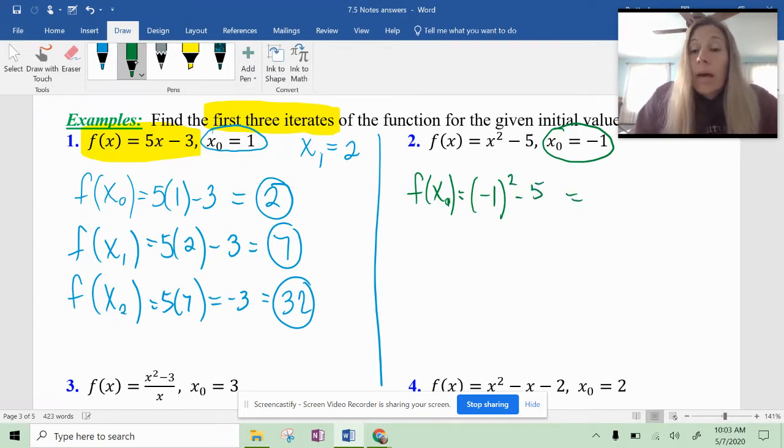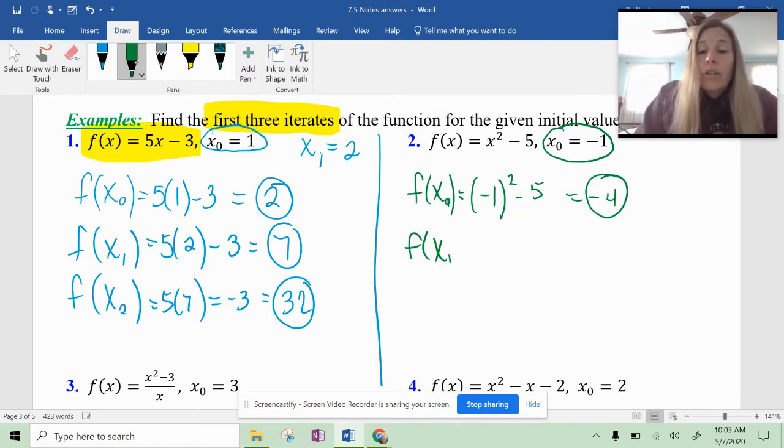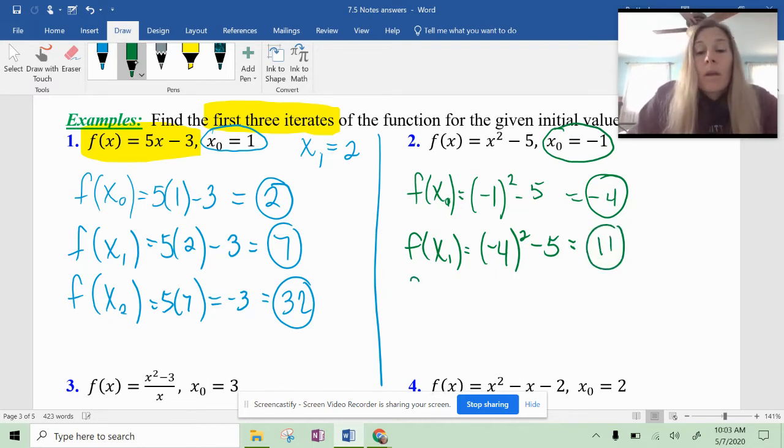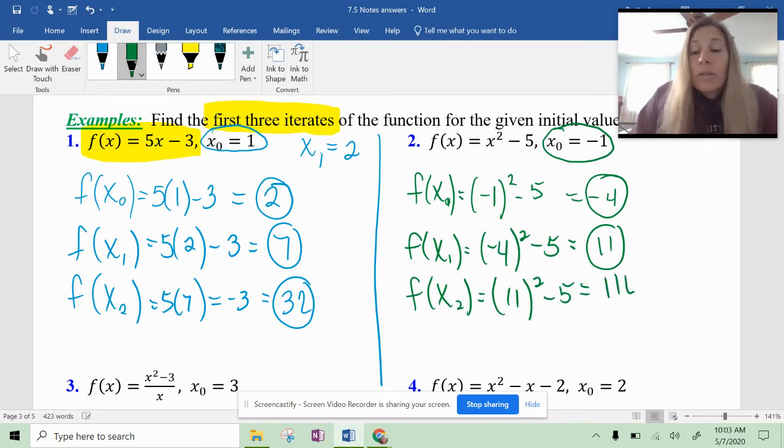That's going to give us a positive 1 minus 5, which is negative 4. Then when we go to do our next iteration, we will plug in the negative 4, and that's what will be squared. So negative 4 squared is positive 16, and then we subtract 5 and we get 11. And then we go through one more iteration, and we're going to do 11 squared, which is 121, minus the 5, which is 116.